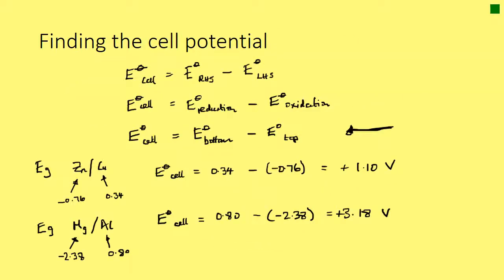Yes, and you can also use the anti-clockwise rule to find the cell potential. If I can just ask you to cast your minds back to remember the equation for the cell potential. What you'll remember is that the standard electrode potential for the cell is the electrode potential right hand side, take electrode potential left hand side.